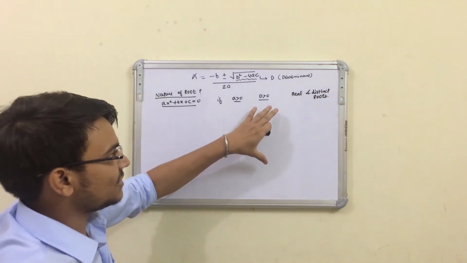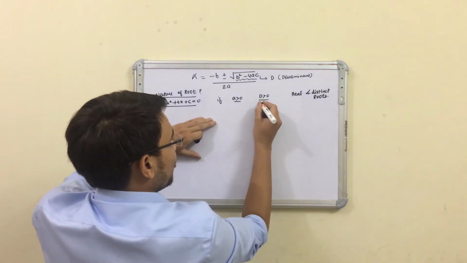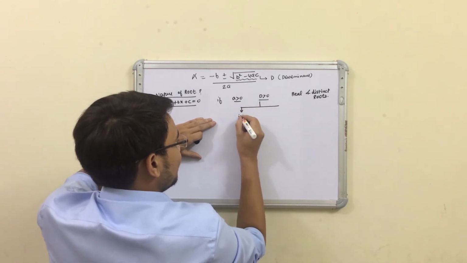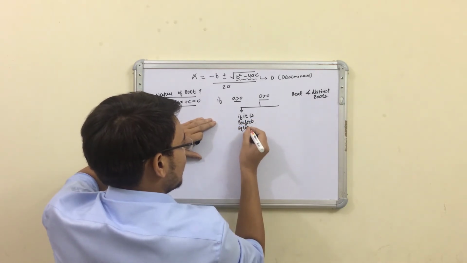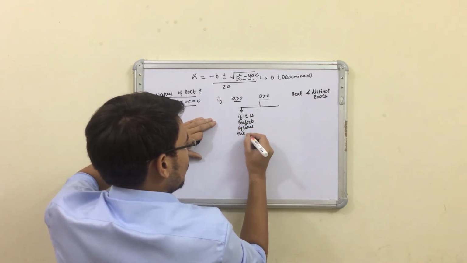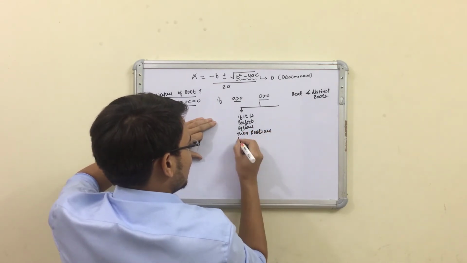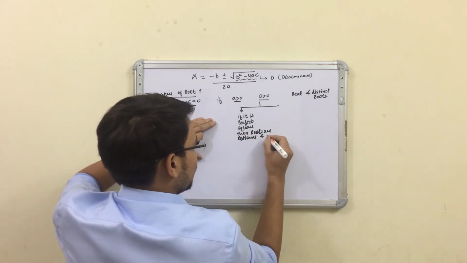Now let us further consider if this D is a perfect square or not a perfect square. If this D is a perfect square, then roots are rational and unequal.